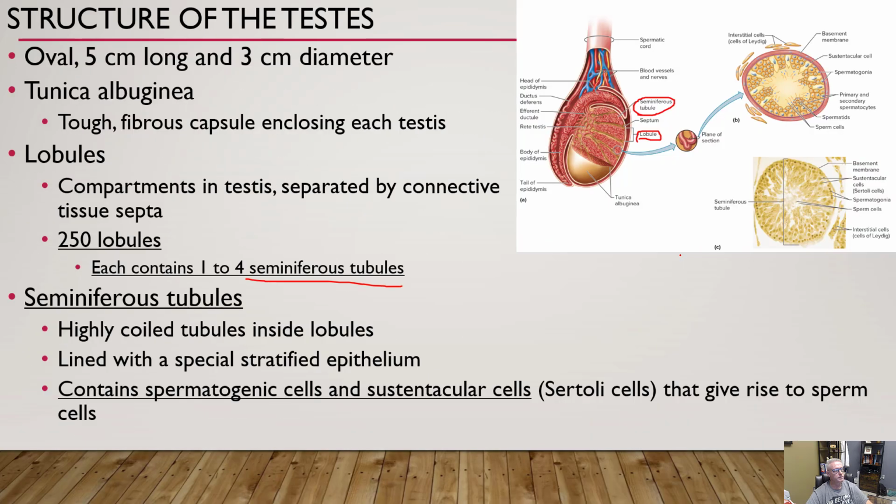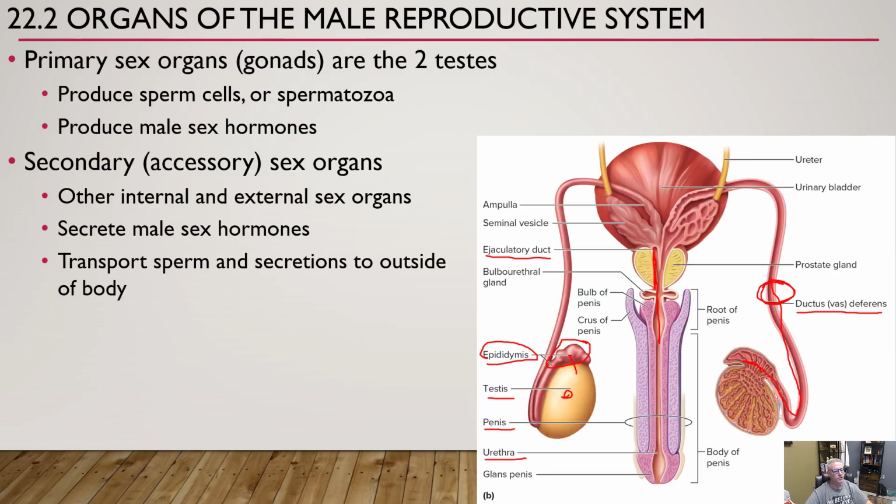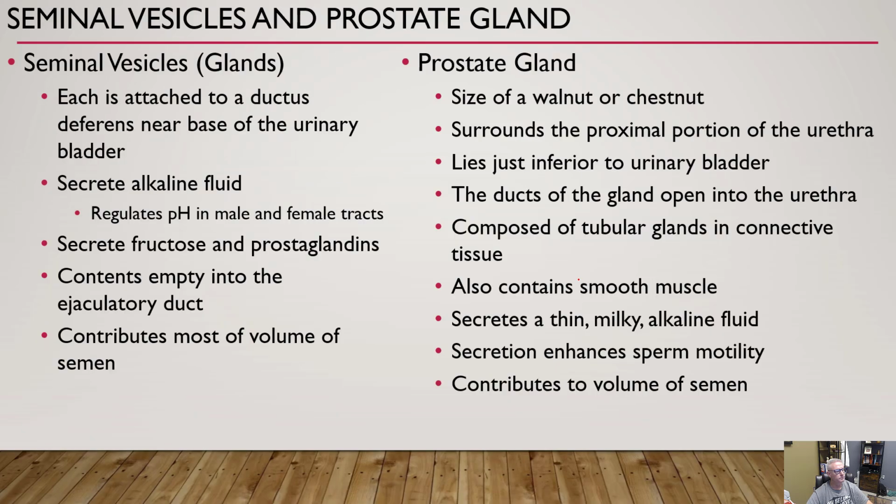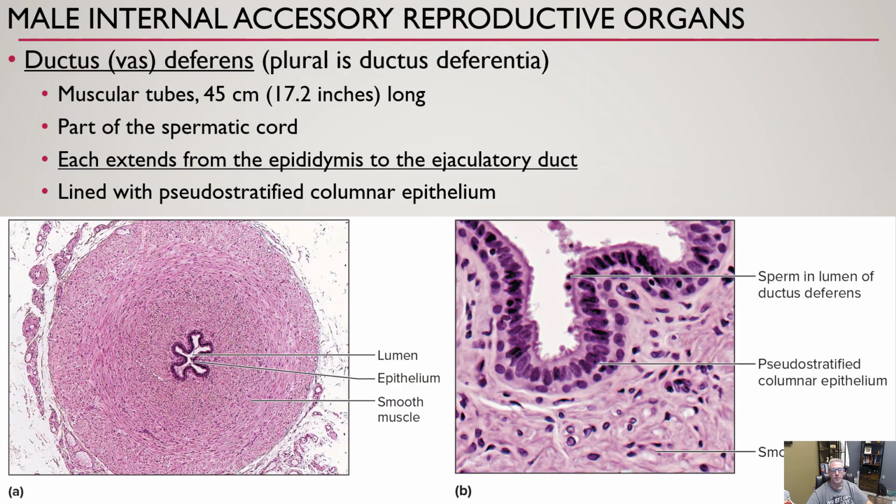So this vas deferens, you can see, runs all the way down or all the way up, whatever you want to call it, from the epididymis into the ejaculatory duct. It also has that pseudostratified columnar epithelium, and you can see there's some cilia, little microvilli, on the surface there.